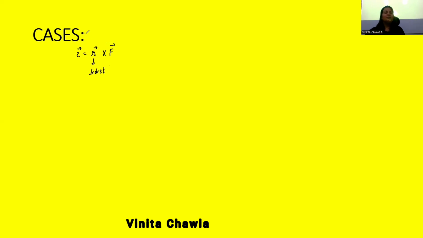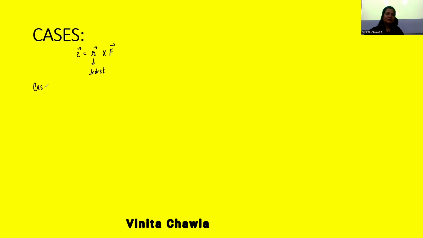So in cases we discuss the directions of these two, and on the basis of their directions we find torque accordingly. ठीक है? ये करते हैं हम cases में. अब different cases आप बताओ क्या हो सकते हैं? R is perpendicular to F, or let's take all the cases one by one.